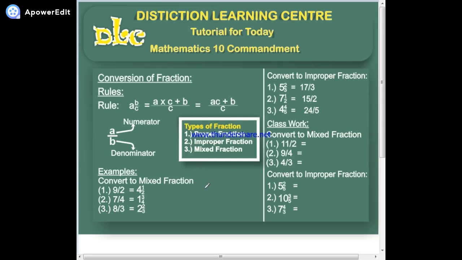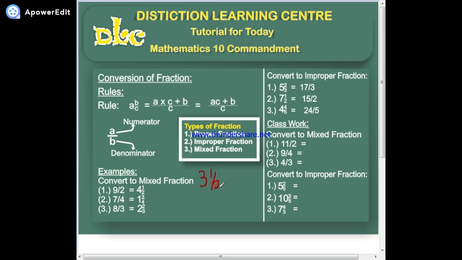Mixed fraction is a type of fraction that is always written as a combination of a whole number and a fraction. That is, a situation whereby a whole number is combined with a fraction.